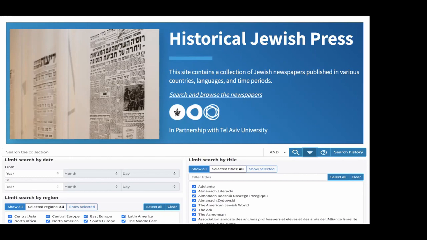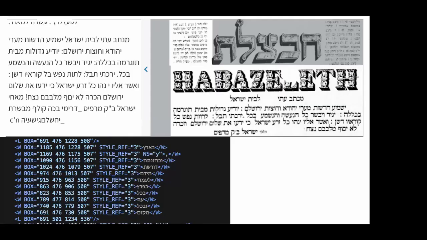So of course, the main thing is the OCR, and the OCR is given to us in this XML format that packs the letters of the text and puts them in specific coordinates on the page, and enables the search and retrieval and finding and representation of the word in the context of the newspaper.